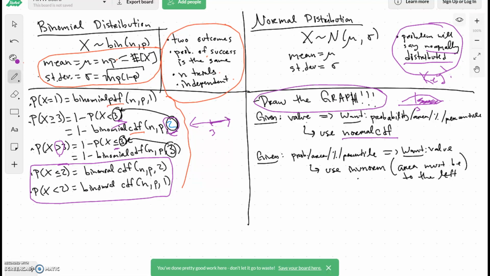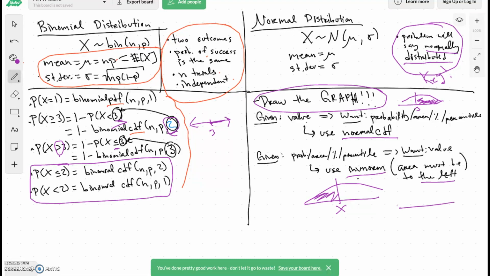If instead we're given the probability, area, percent or percentile, and we want the value, so I don't know what the value is, but I know what the area below it is, or the percentile, then we use inverse normal, on the restriction that the area must be to the left.